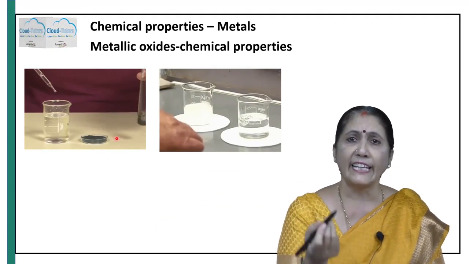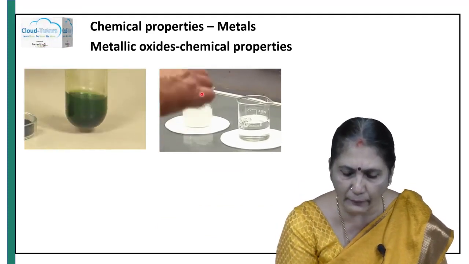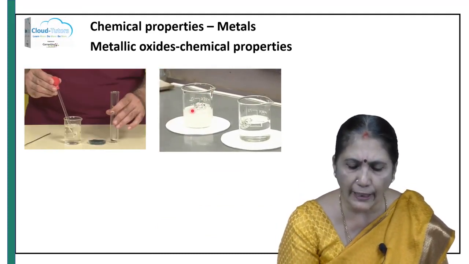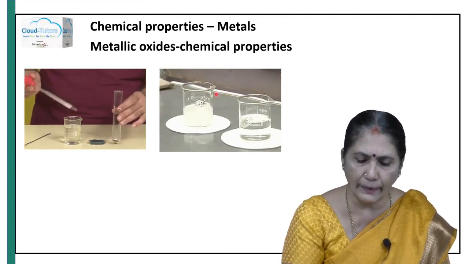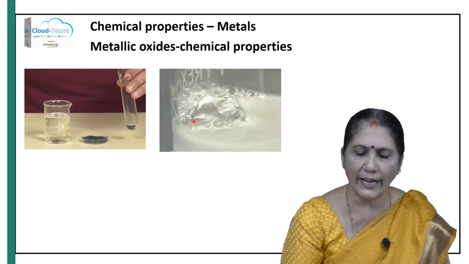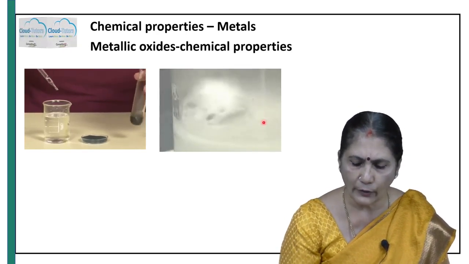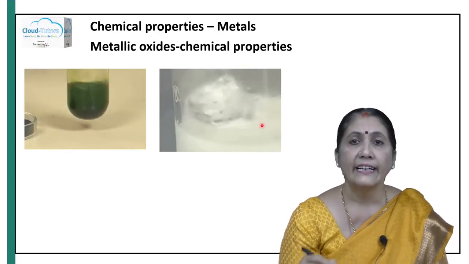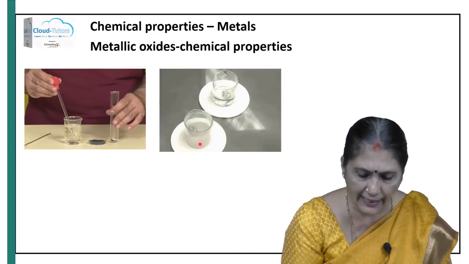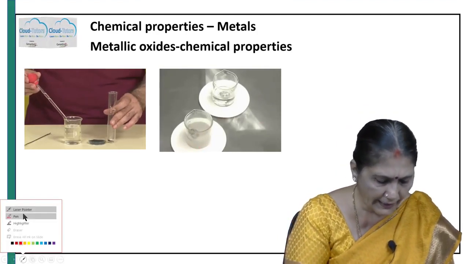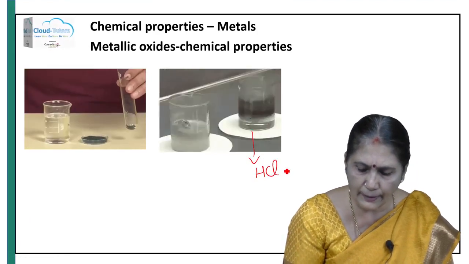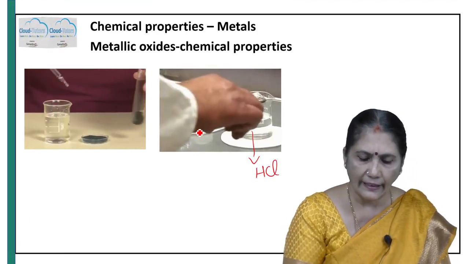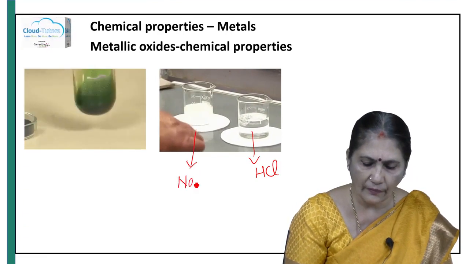Now let's see what happens when aluminium is dropped in a beaker. There are two beakers present here. This beaker contains NaOH, and the other beaker, on the right hand side, contains hydrochloric acid. Now this beaker contains HCl and this beaker contains NaOH.